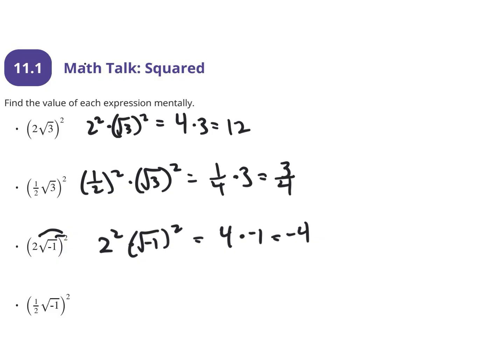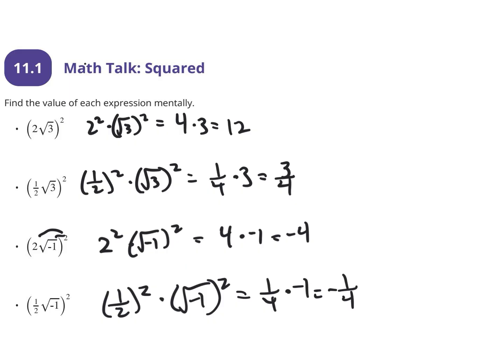And then finally, 1/2 squared times the square root of -1 squared gives us 1/4 times -1, which is -1/4. So because there are two terms in here, you can distribute the 2 to both terms. And when you square a square root, they undo each other and you get rid of the radical symbol.